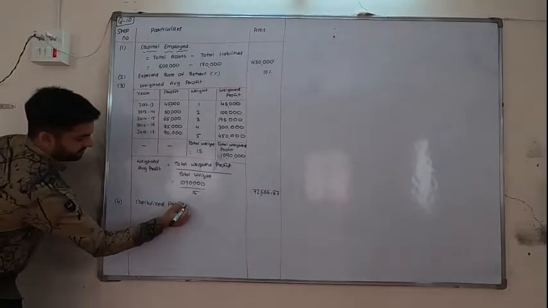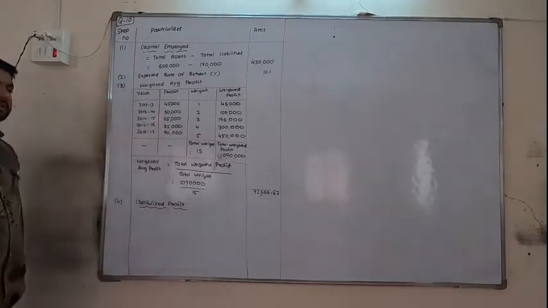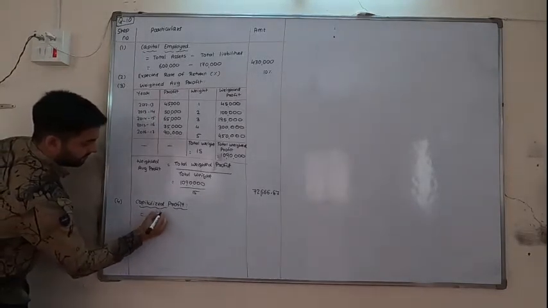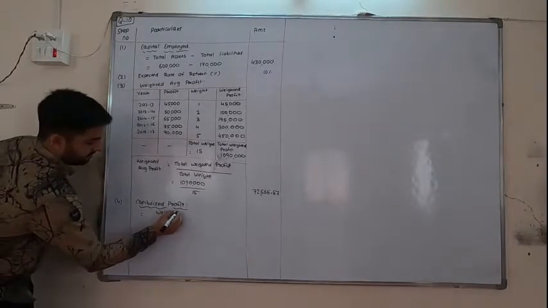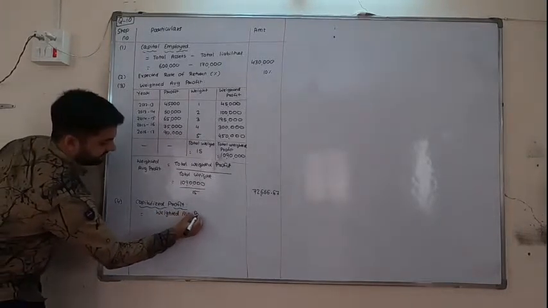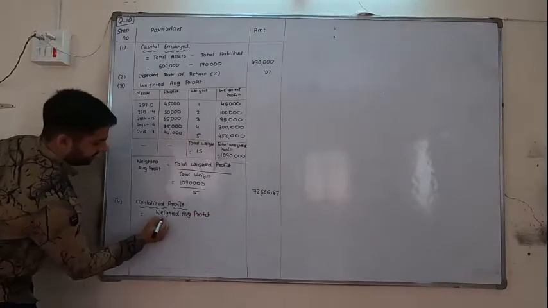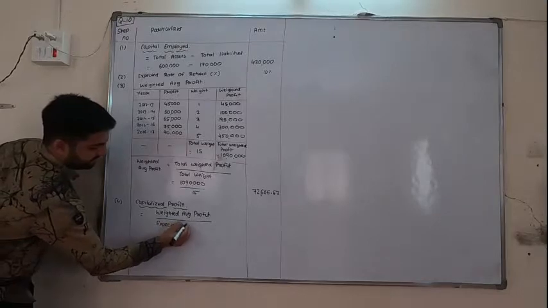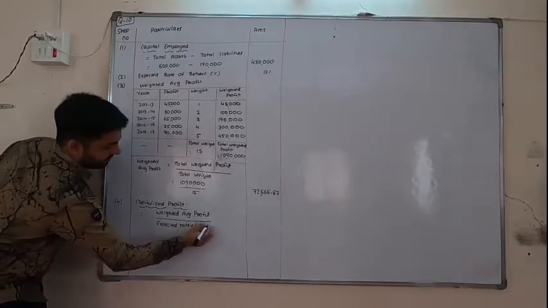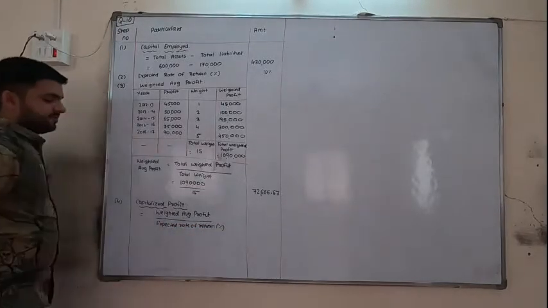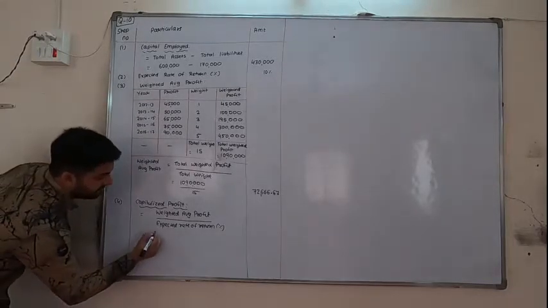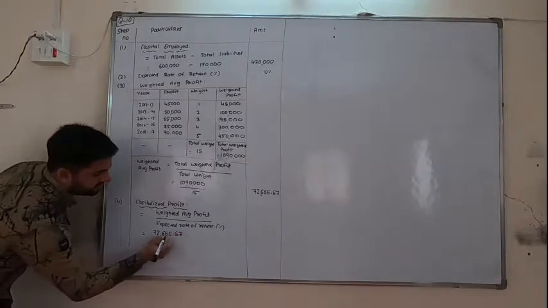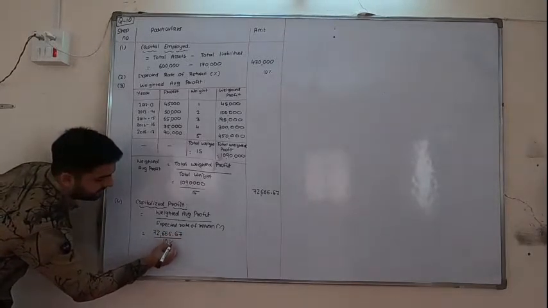Now the fourth step is capitalized profit. It will be weighted average profit divided by expected rate of return in percentage. So 72,666.67 divided by 10%.